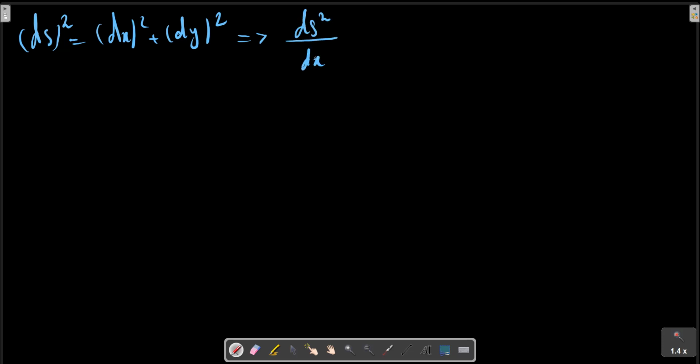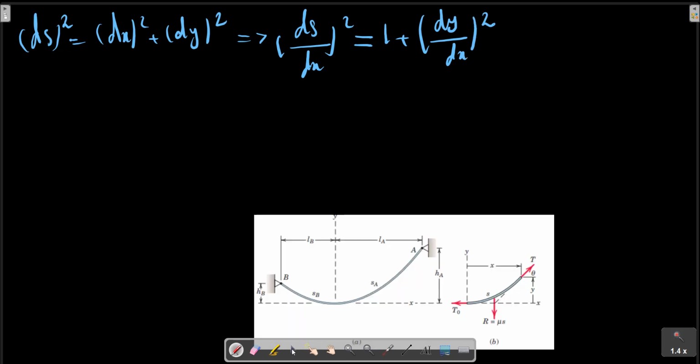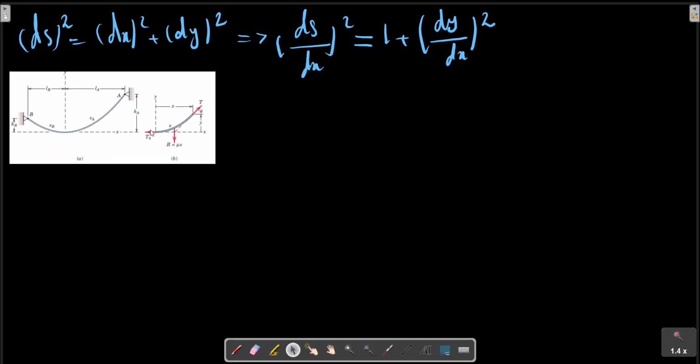We know that ds is the square root of one plus dy on dx squared, so we can rewrite the relation as this expression.